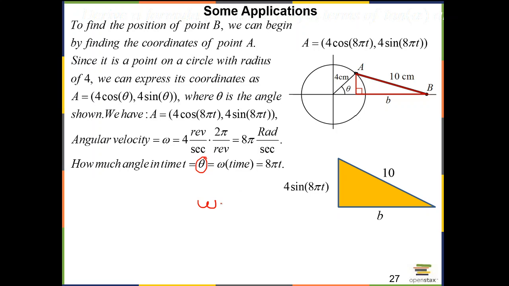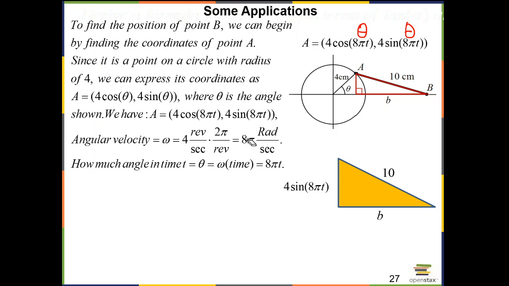Remember, omega is theta over t, right? The angle would be omega times t. So that's omega times t right there. That's why we put, instead of theta here, we just put 8 pi t, because that is the angle.